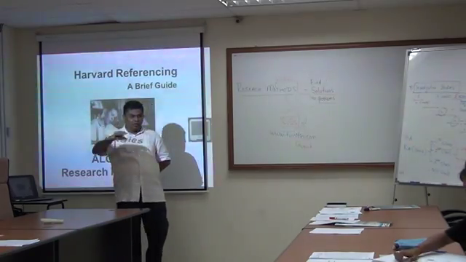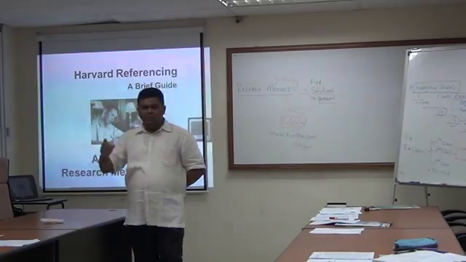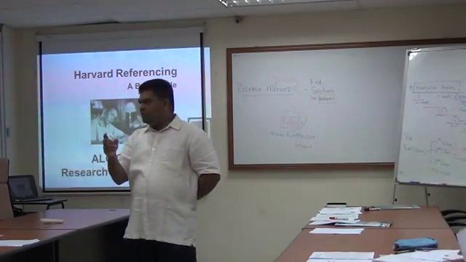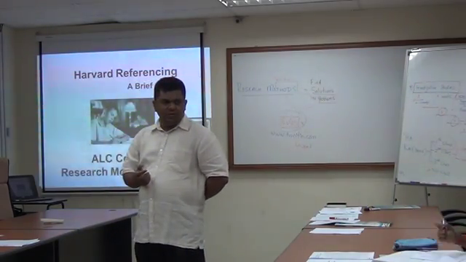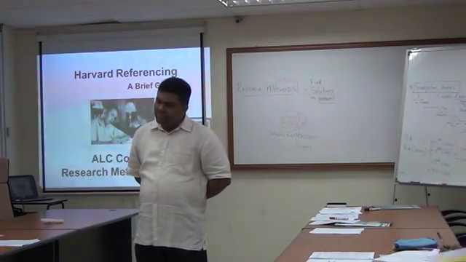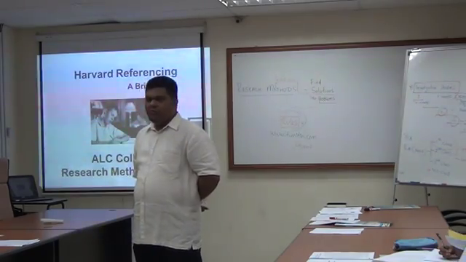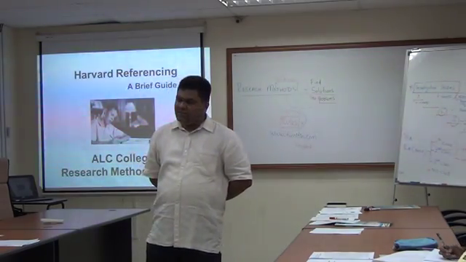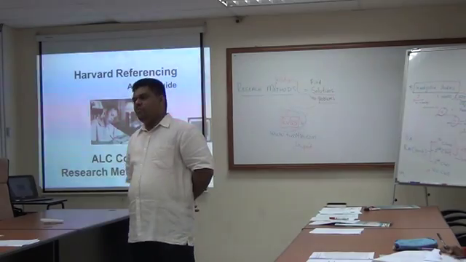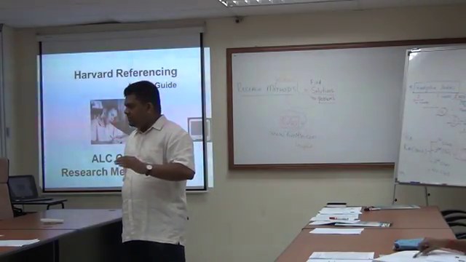Now, there are times when you talk to your friend who is also doing research, they might ask you, hey, what rules are you following? They might say, oh, I'm following APA. Or someone else might say, I'm following another format. Why are there so many different formats?